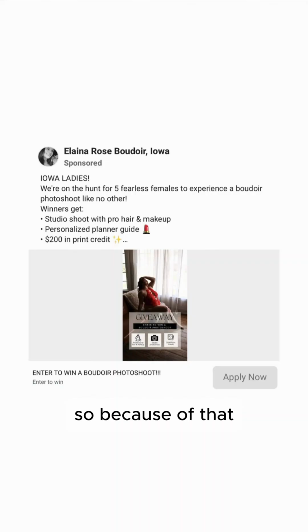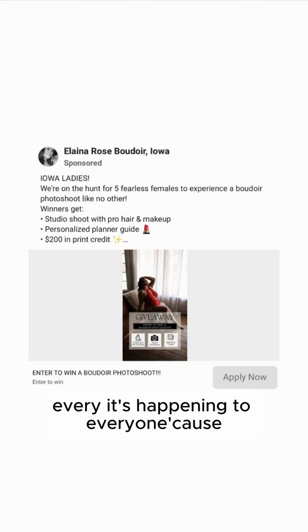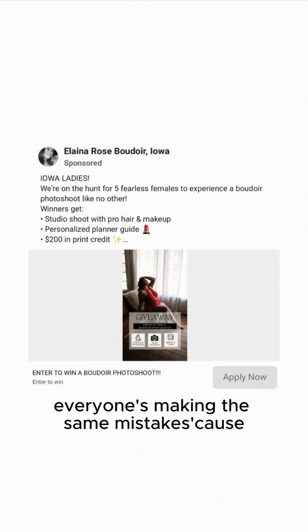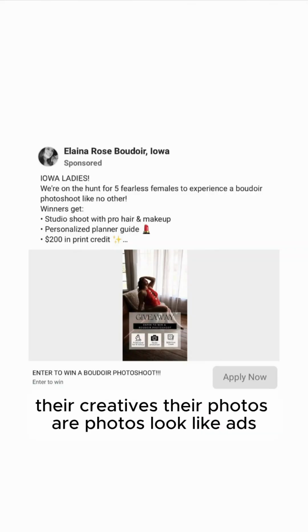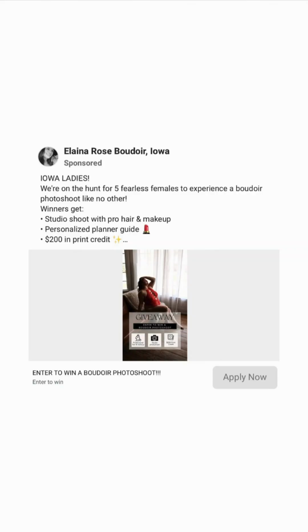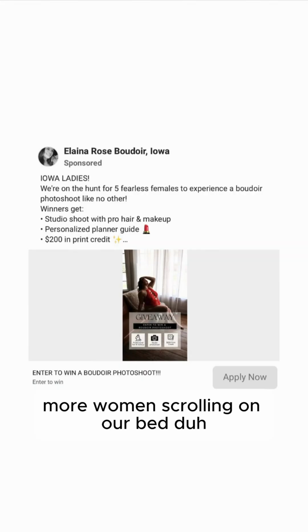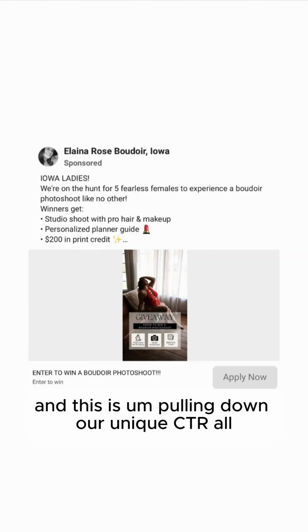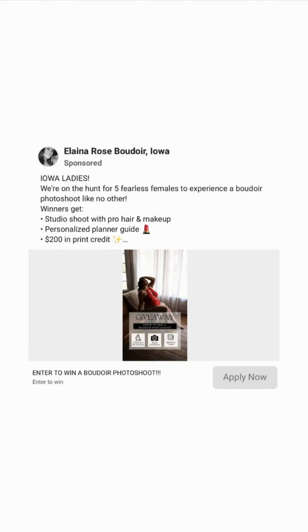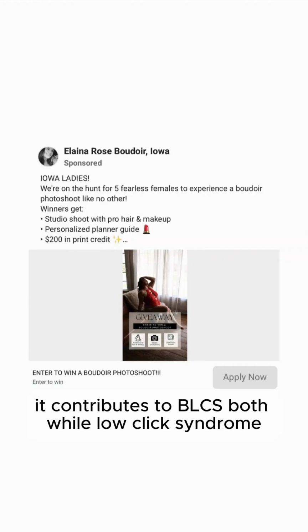It's happening to everyone because everyone's making the same mistake: everyone's ads look like ads, or at least their creatives, their photos, look like ads. So the consequence is way more women scrolling by our Boudoir Facebook ads than necessary. This pulls down our unique CTR, and that contributes to BLCS, Boudoir low click syndrome.